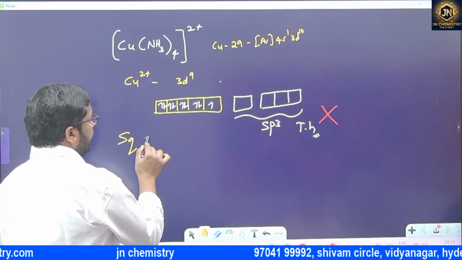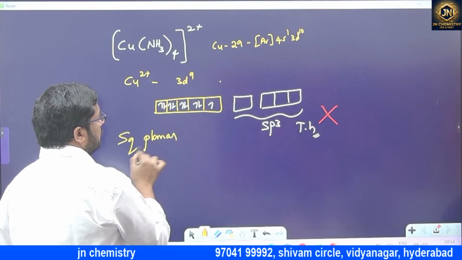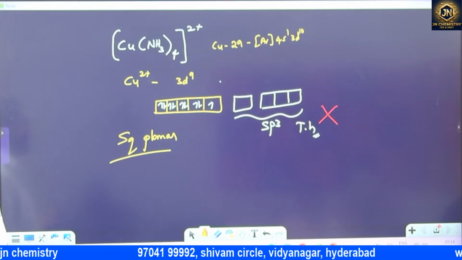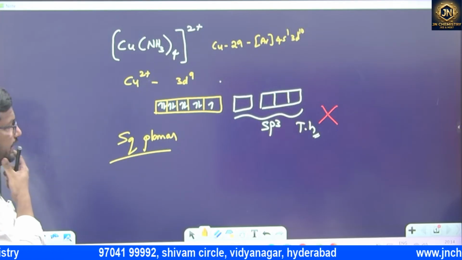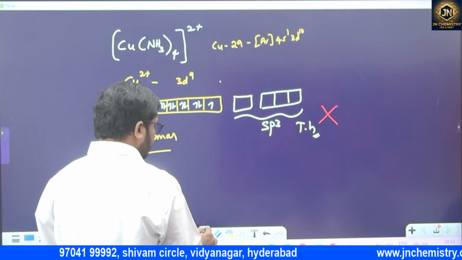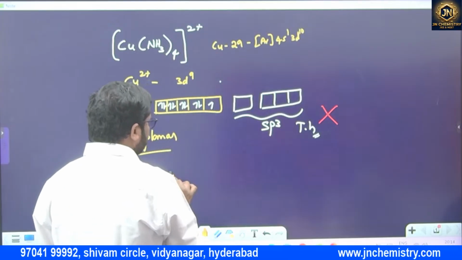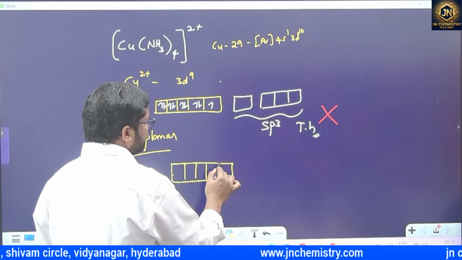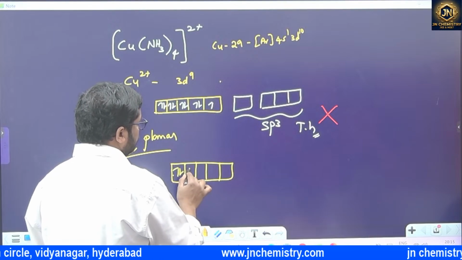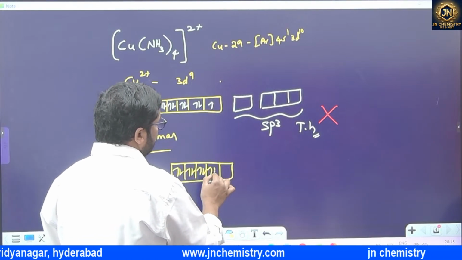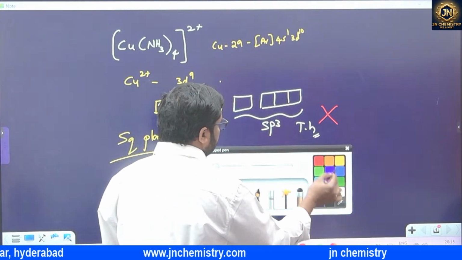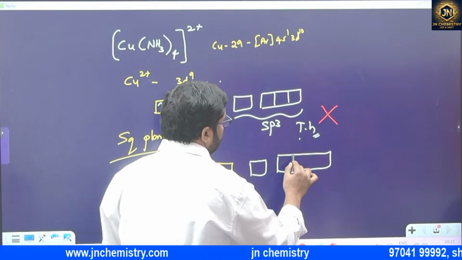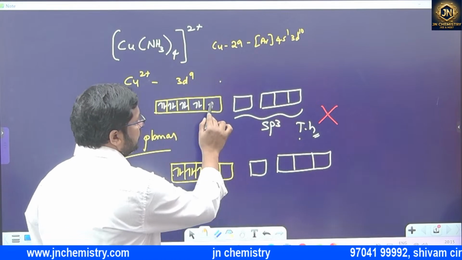Square planar structure is right. But how is it square planar? So then he thought, square planar means what? dsp2, right? So what he explained, according to Pauling, he told that this electron is jumping to here.